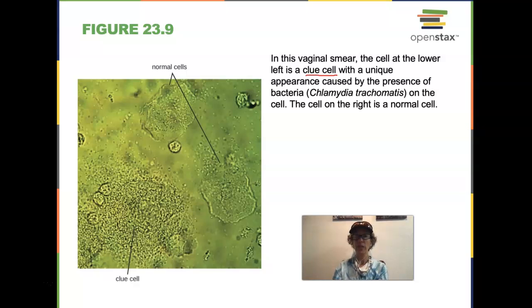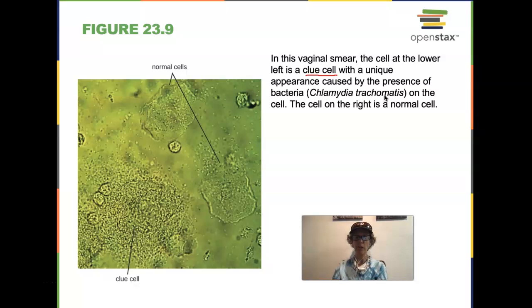misshapen cells. In this case, they are looking at clue cells. This is the clue cell. These two are normal epithelial cells from the vagina. This cell has so many bacteria on it that you can't even see the cell. That is your clue that the microbe Chlamydia trachomatis is present.